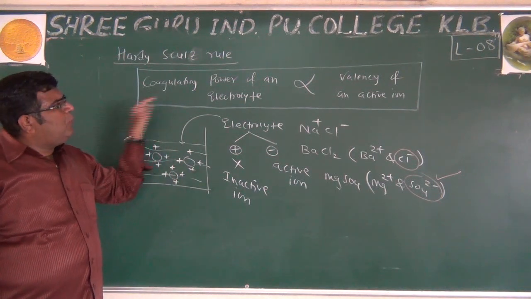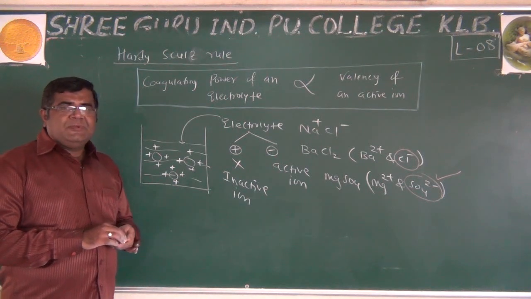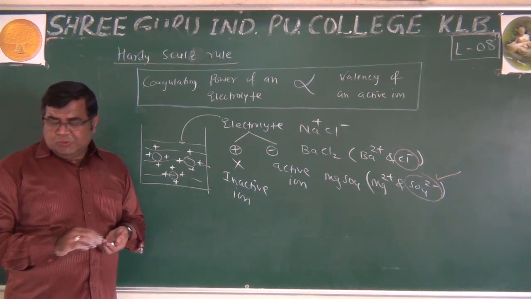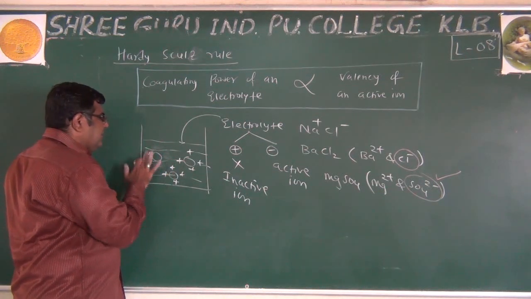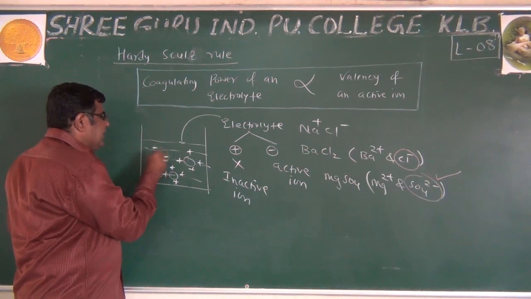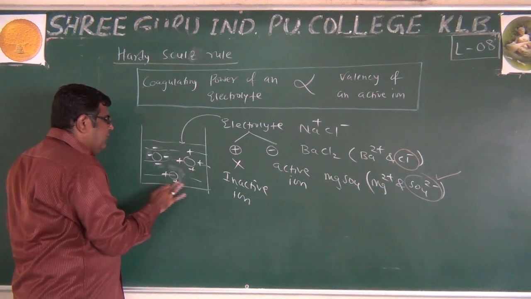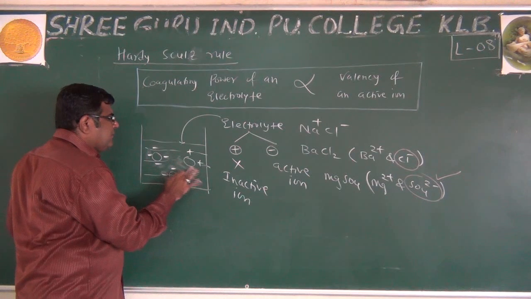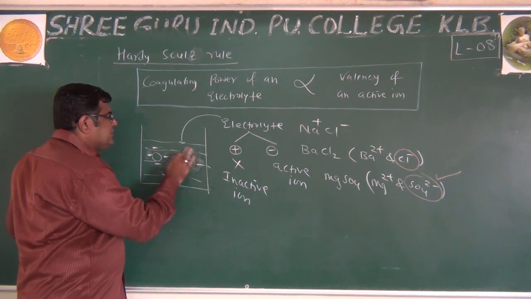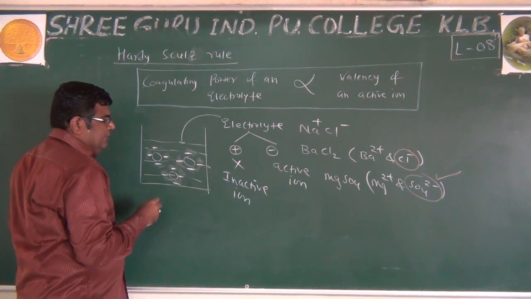So coagulating power of an electrolyte is directly proportional to the valency of the active ion. Now I will remove this, and now the colloid is negatively charged. Equal and similar charges: negative, negative, negative, negative.